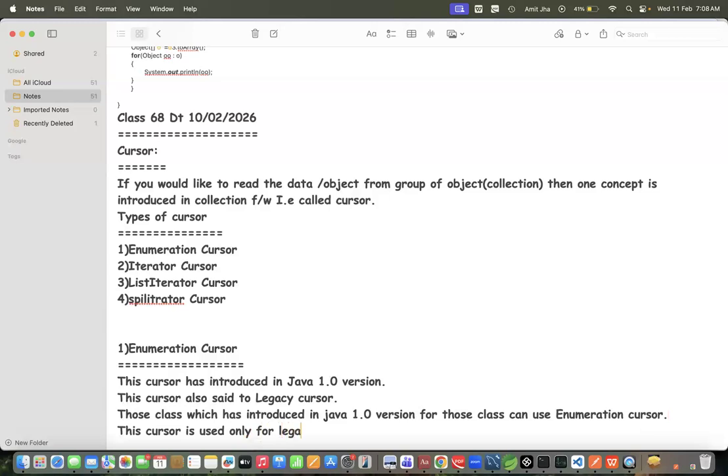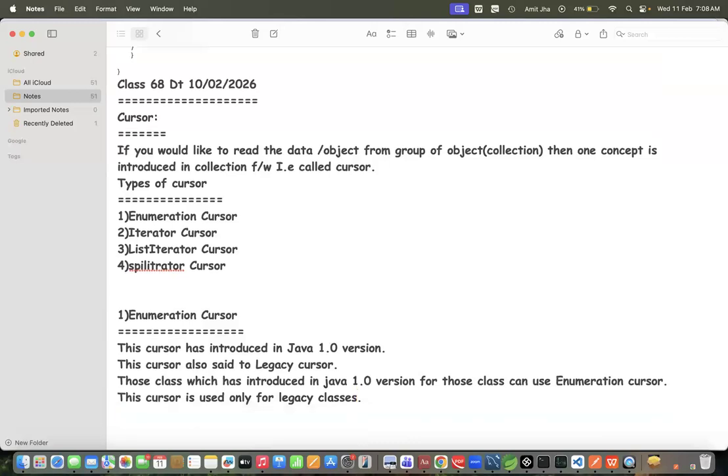It is a legacy cursor, and you also have legacy classes. If you understand, your life becomes very easy. So you can say it is not a universal cursor. What is the meaning of universal cursor?